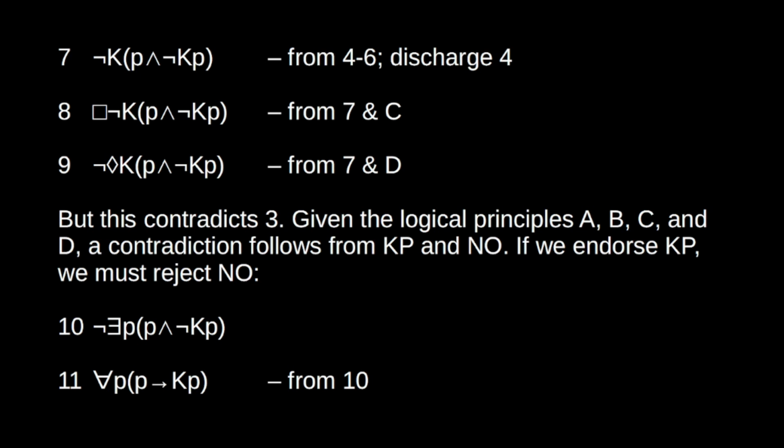So the person who endorses the knowability principle has to reject non-omniscience. There does not exist a proposition such that this proposition is true and this proposition is not known. And of course, that is just to say that all truths are known. The view that all truths are knowable entails that all truths are known, at least assuming some very weak, very simple logical principles.